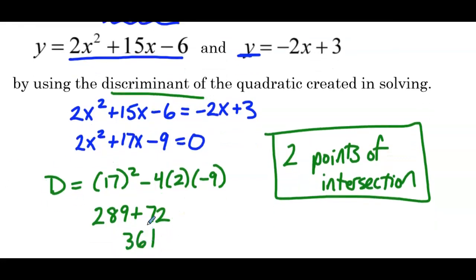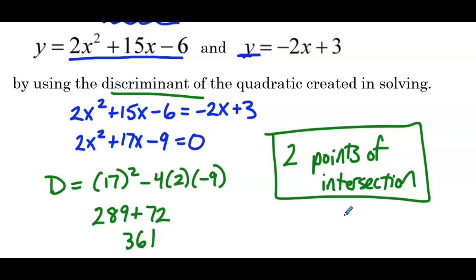So the fact that we have a positive discriminant, right, back to the nature of roots, we would describe the roots of this quadratic, 2x squared plus 17x minus 9, not a quadratic we're graphing. We would describe the roots as real, rational, unequal. Unequal is the important part because that means there's 2 solutions to this equation, which means we'll have 2 points of intersection.